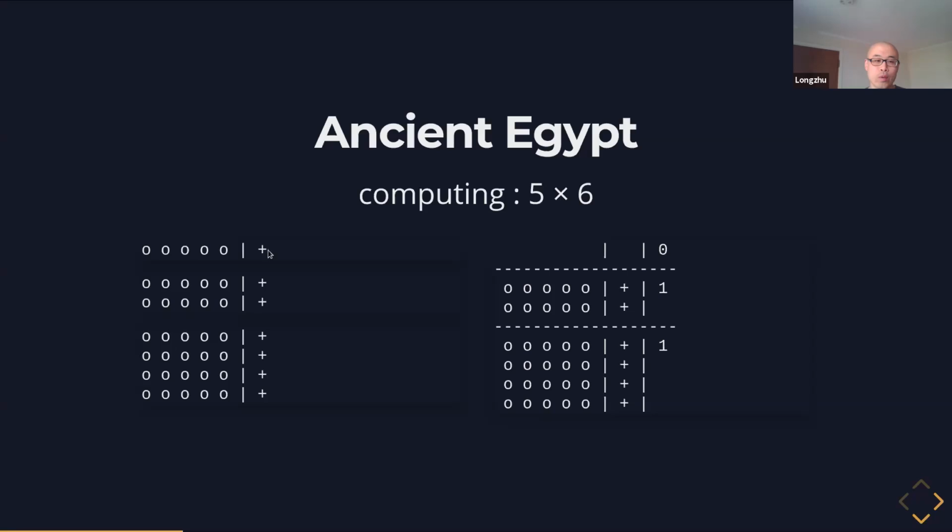So if they calculate 5 times 6, they start by putting the first row with 5 beans on the left and 1 bean on the right. Then they start filling from the right hand side column, sorry, with a second block by putting 2 beans on the right hand. If they put 2 beans here, they have to fill this row with the corresponding number of the white beans. And then continuing on, it's 1, 2, 4.